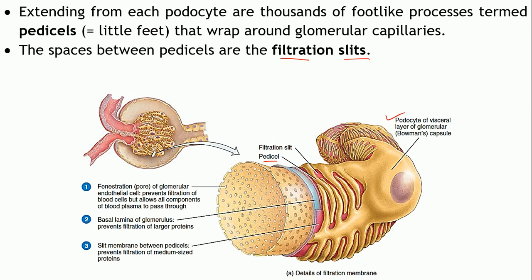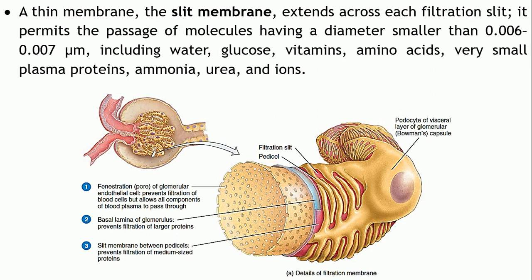So the space in between these pedicels, which are foot-like projections, so this space is known as the filtration slit. As you can see that there are slits, right? There are openings, small openings. These are known as filtration slits. So at this filtration slits, there is a thin membrane called as slit membrane. This one. So slit membrane is the one which is present in between these pedicels.